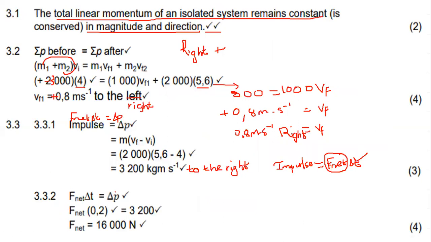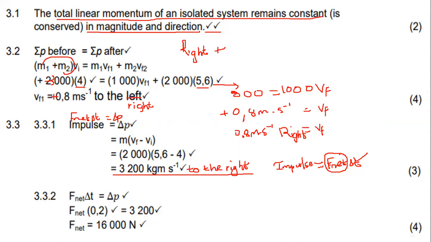F net delta T is equal to delta P, we get 1 mark. F net multiplied by 0.2, because that is our contact time, we get 1 mark, is equal to, remember, impulse is equal to the change in momentum. So this is the impulse on coach B. So if this is the impulse on coach B, it means this is the change in momentum on coach B, and hence I will substitute it there.